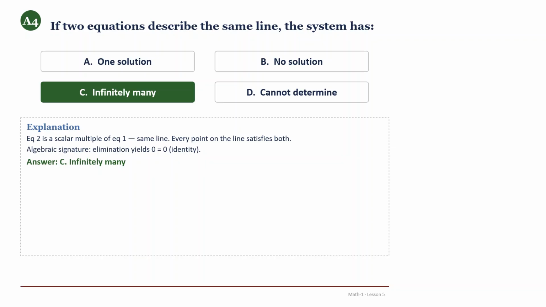Same line means equation 2 is just a scalar multiple of equation 1. Every point on that line satisfies both equations, so the solution set is infinite. When you run elimination here, you arrive at 0 equals 0, an identity that is true for every x and y. The no solution distractor mixes up coincident lines with parallel lines.